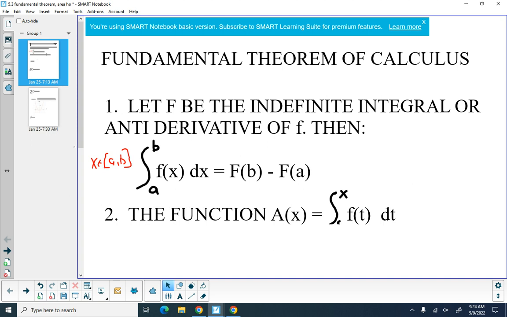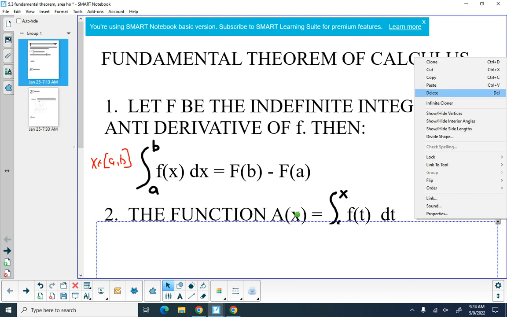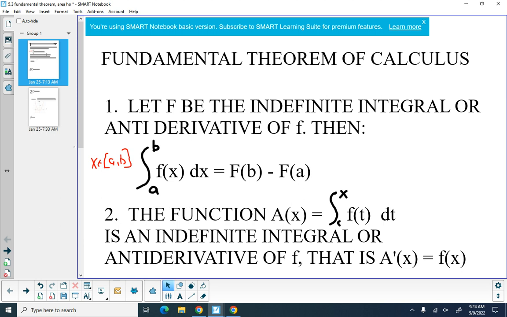But if you're given a function, A of x, where A of x is some antiderivative or definite integral from some constant (this must be a constant) to x of f of t dt, this is an antiderivative of f, and A prime of x is equal to f of x.